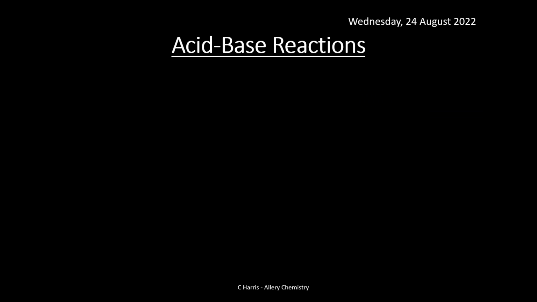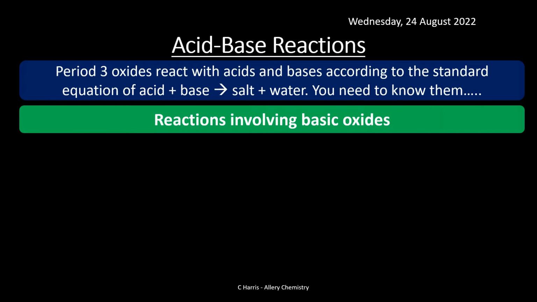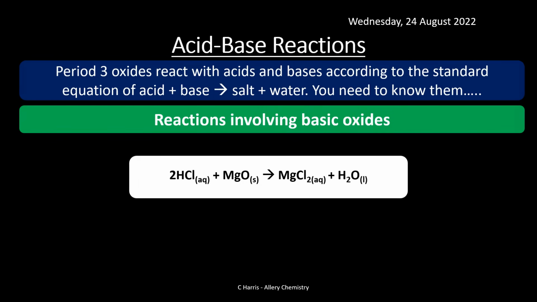Okay, so let's have a look at some acid-base reactions in a little bit more detail. Your period 3 oxides react with acids and bases according to the standard equation of acid plus base gives salt plus water. And you need to know these, okay? So it's really important. Let's look at some reactions involving basic oxides first.